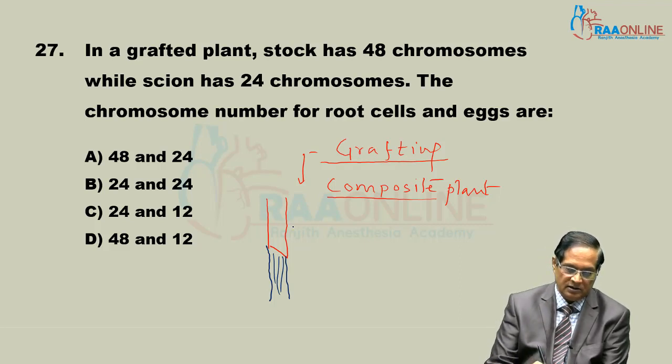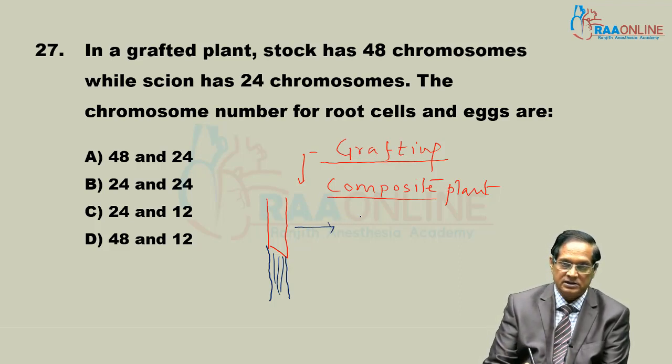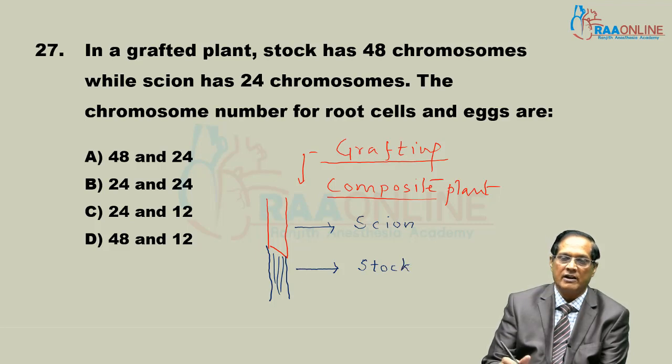The portion used as shoot system during grafting is known as scion or graft. And the basal portion, which is used as root system, is known as stock. The words stock and scion are used in grafting. Scion is also known as graft.